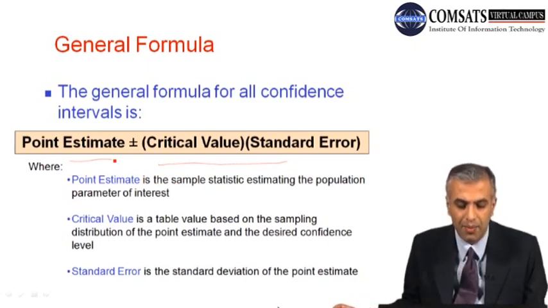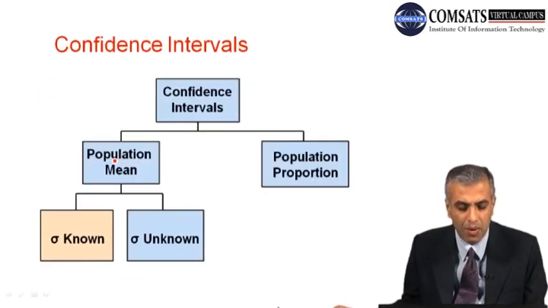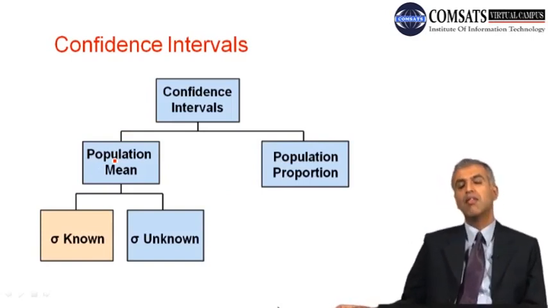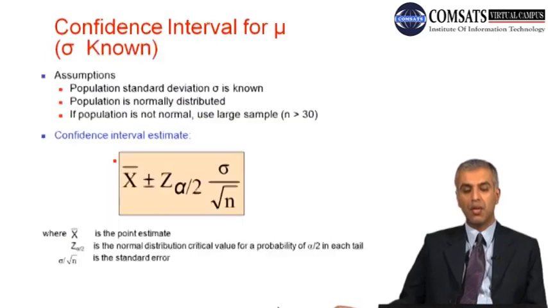Then we came upon the situation of dealing with the population mean, where in one case the standard deviation is known, and in the other case the standard deviation is unknown.